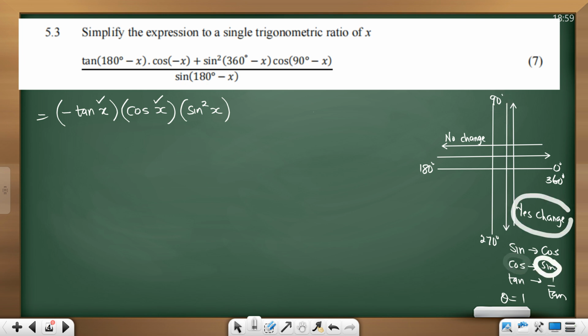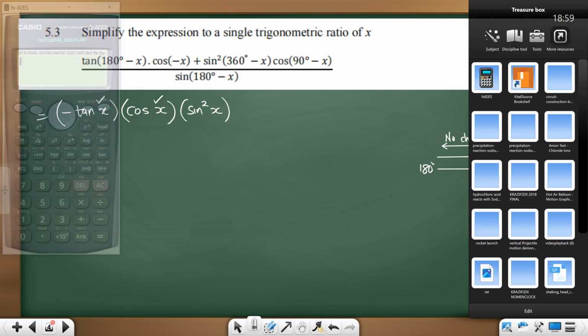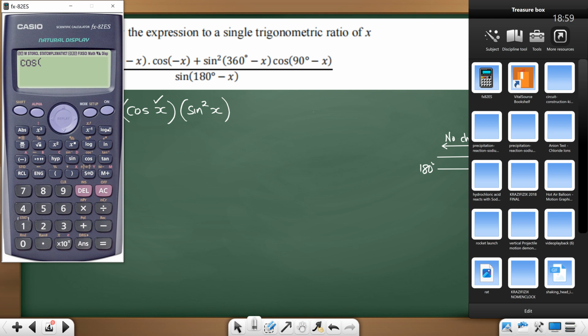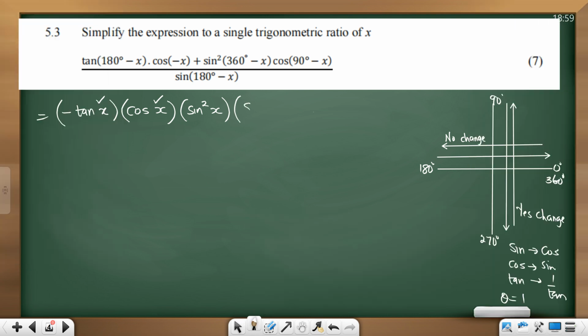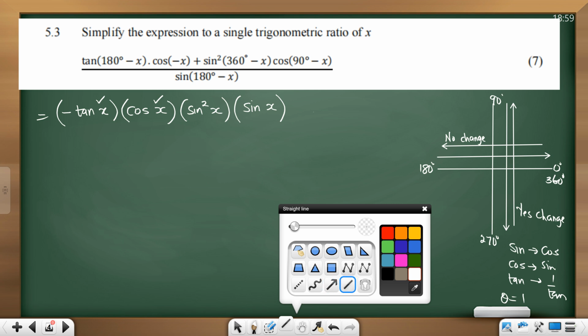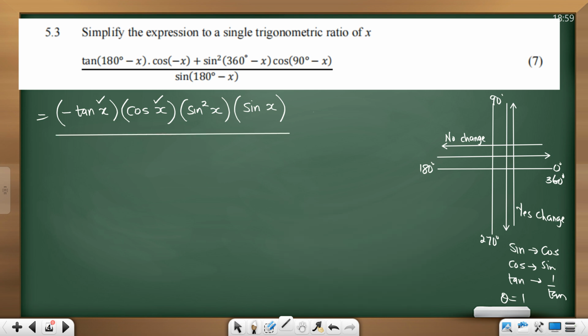The next thing I'm going to ask myself is, is it a positive or a negative? I'll use my calculator. Cos 90 minus 1, positive answer. So I know this is a positive and cos becomes sine because of the vertical move up and down. By the way guys, I am already sitting on 4 marks.